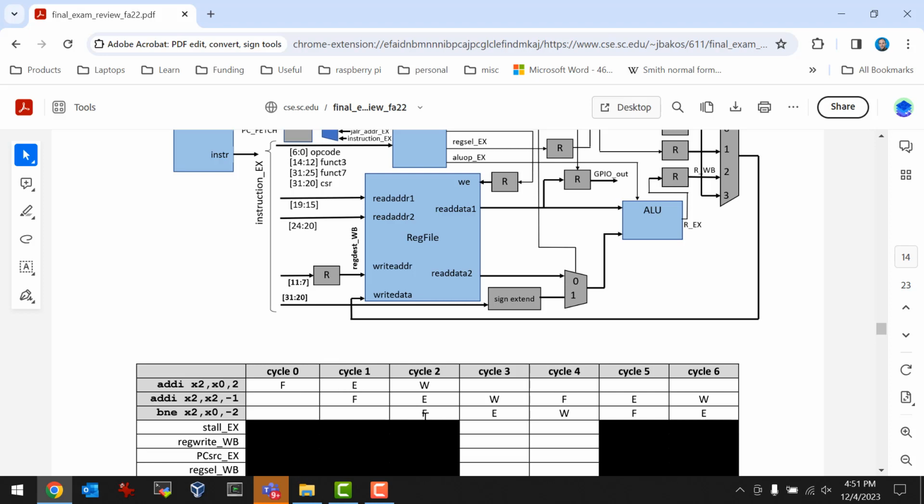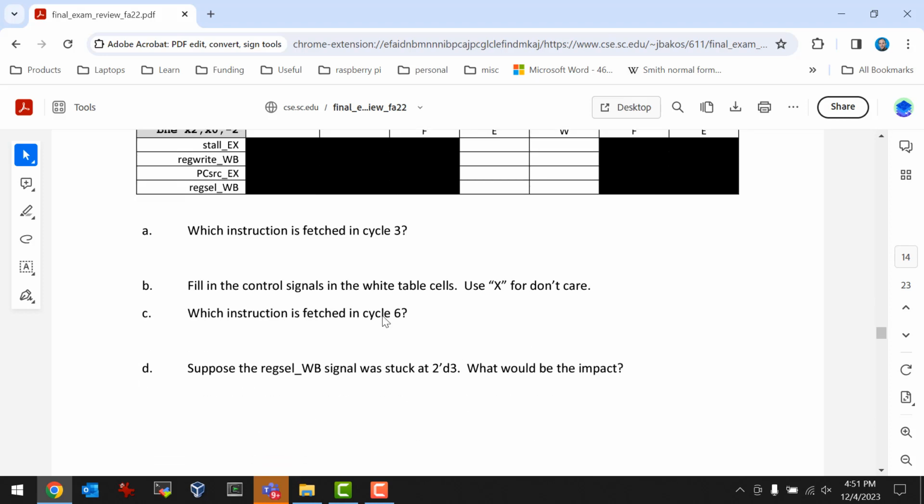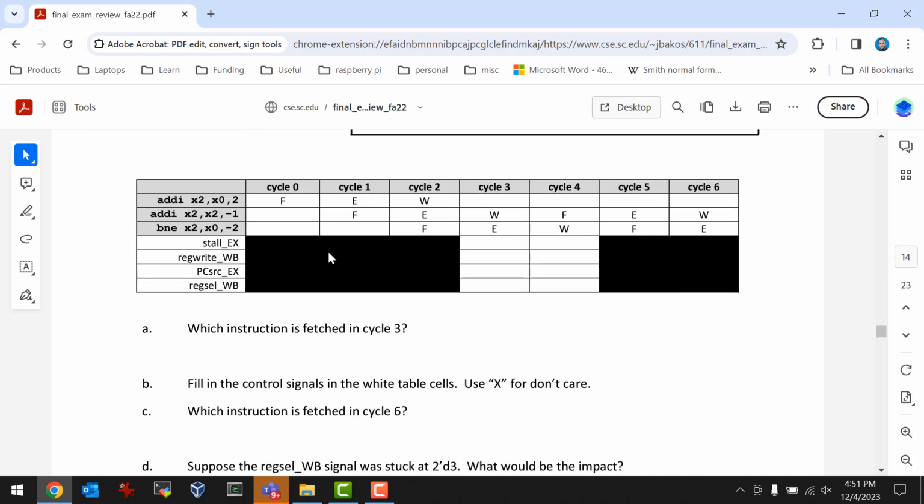Fetch, fetch, fetch. Oh, cycle 3, sorry. Did it say 6? Oh, there's one for 6 too. Okay, so in cycle 3, we fetch none, right? Same as in cycle 6.